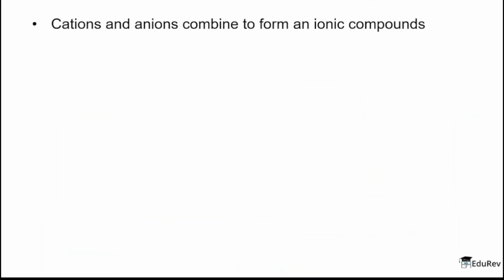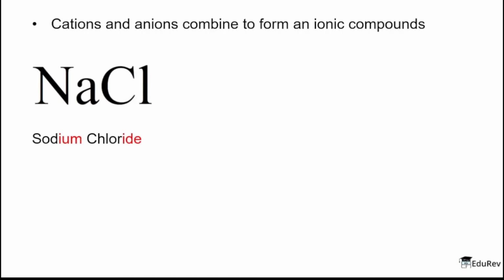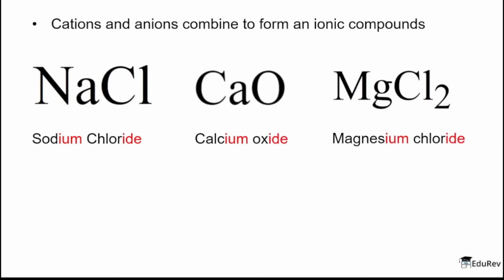So cations and anions combine to form ionic compounds, and here we have various examples: sodium chloride, calcium oxide, magnesium chloride. So we can clearly understand that sodium, calcium and magnesium are the metals here because they have an IUM and they must be having a positive charge, whereas chlorine, oxygen, and again chlorine have a negative charge, and that is why they are non-metals.